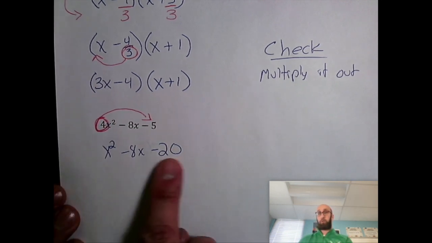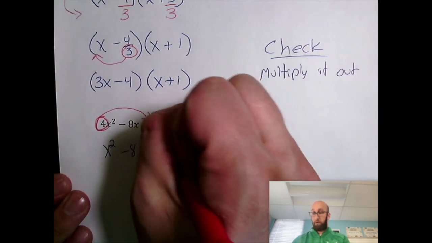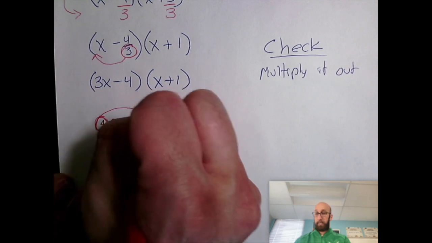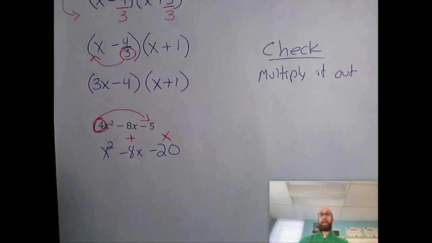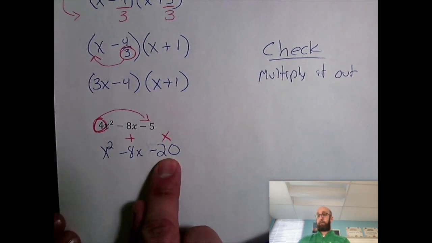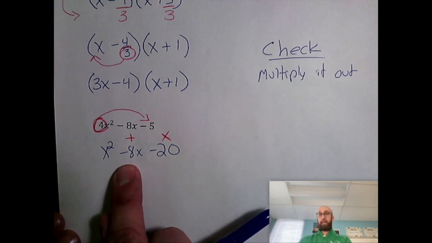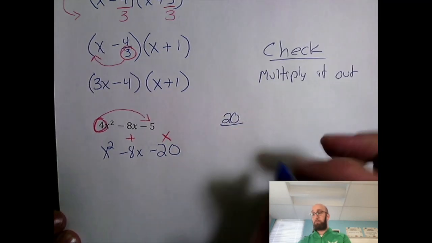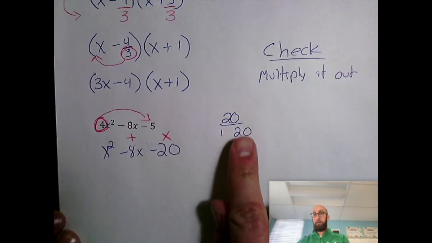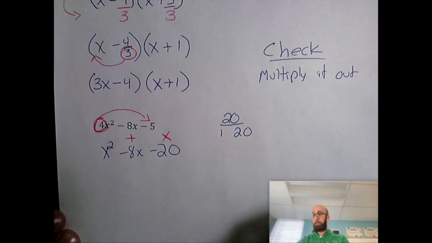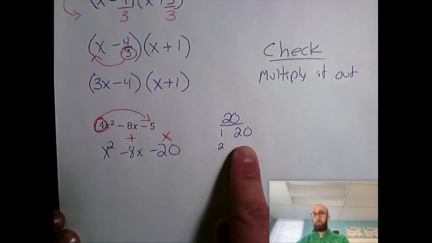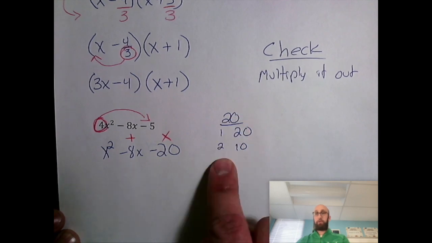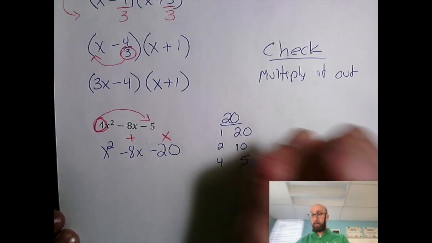After we slide, we're going to factor. Looking for two numbers that multiply to -20. Those same two numbers need to add to -8. Multiply to -20, add to -8, okay? And again, if you struggle with coming up with those numbers, I would sit there and be like, well, I could do 20 divided by 1. 20 divided by 1 gets me 20. 20 divided by 2 gets me 10. 20 divided by 3, ain't happening. 20 divided by 4 gets me 5.